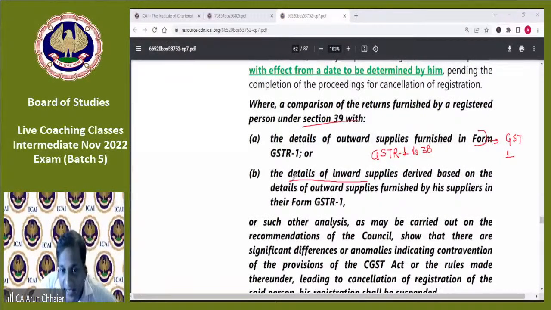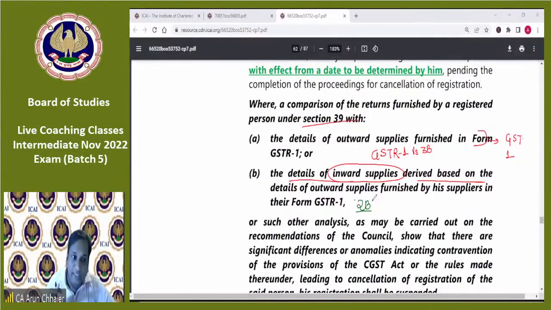Here they are saying details of the inward supplies derived based on the details of the outward supplies furnished by the supplier in the GSTR 1. It means we are talking about supplier GSTR 1, which is auto-populated in GSTR 2B. So they are comparing the ITC. In clause A, they like to compare the outward supplies reported in 1 and 3B.